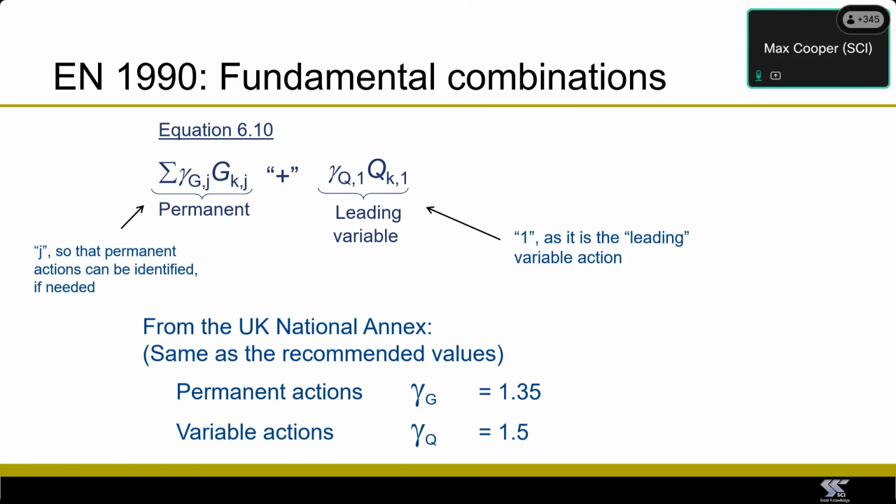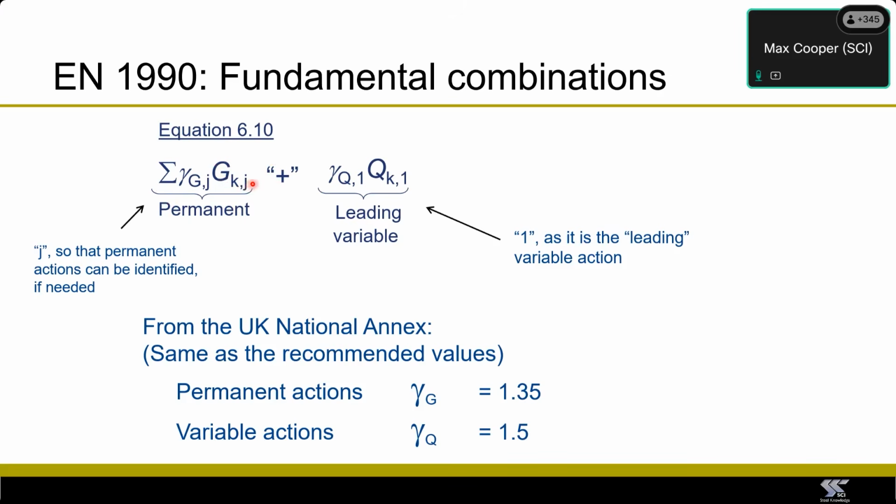So let's start with looking at the components of the expression. First of all, we have the addition symbol. In this context, all this means is that we are combining these actions, so we're just adding them together. We now look at the term on the left. We have the summation, so that's the summation of the different components of the permanent load.